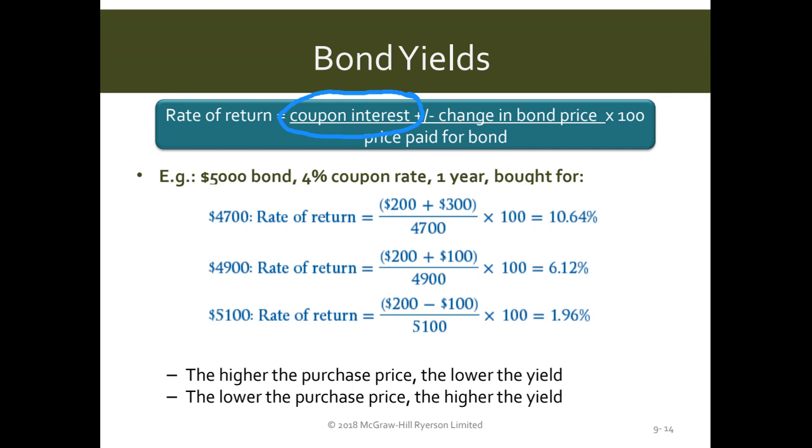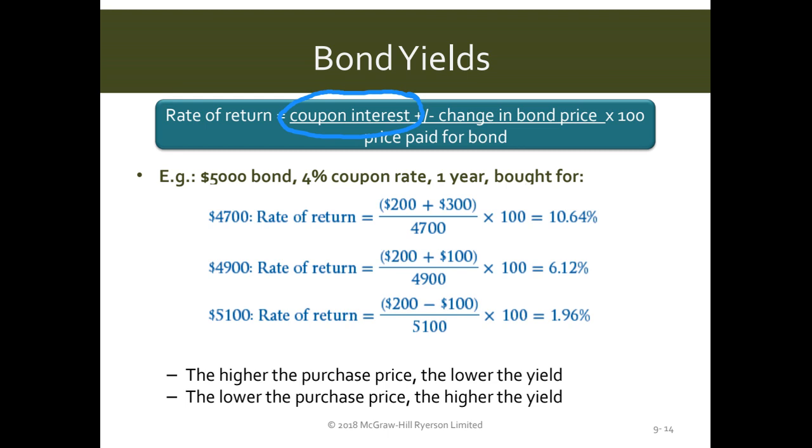Number 1, and the assumption is the same as I just mentioned in the previous slide: we have a bond with a face value of $5,000 and a coupon rate of 4%. Suppose I buy this same 5,000 face value bond at a 4% coupon rate, but I paid only 4,700.